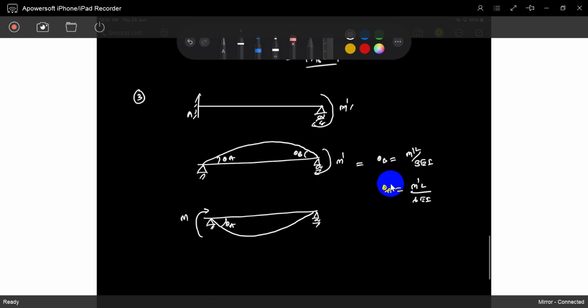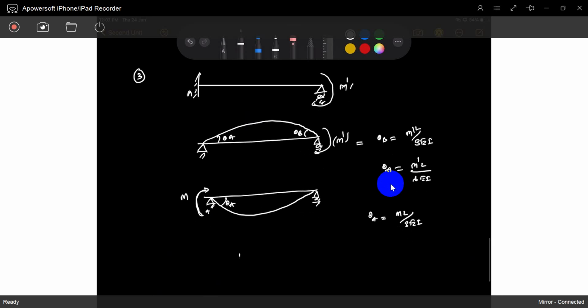This is a concentrated moment, we know it. So some moment is arising at the fixed end that nullifies theta a. The direction we already know based on common sense. So what is theta a? ML by 3A, because the joint is applied at A.